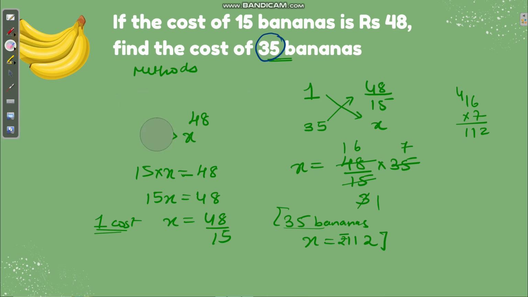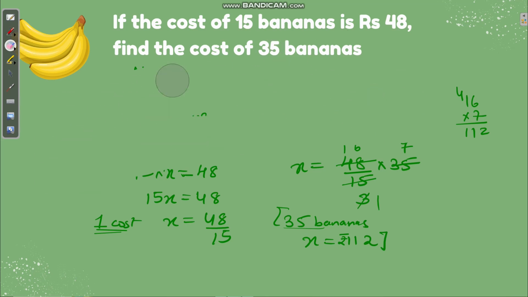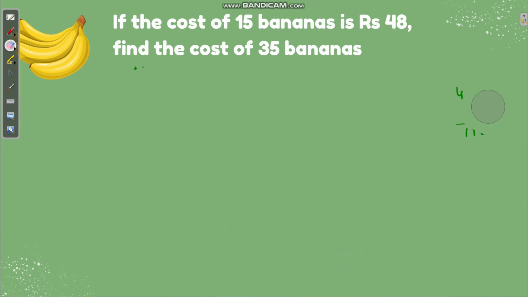The second method is directly using the cross multiplication method. Now how to do that? 15 bananas, the cost is 48. Find the cost of 35 bananas. So 35 we don't know, correct? The cost of 15 bananas is 48. We have to find the cost of 35.